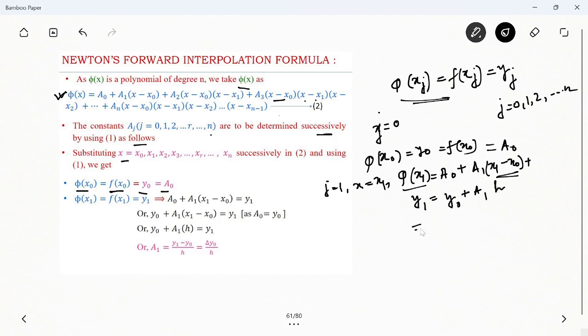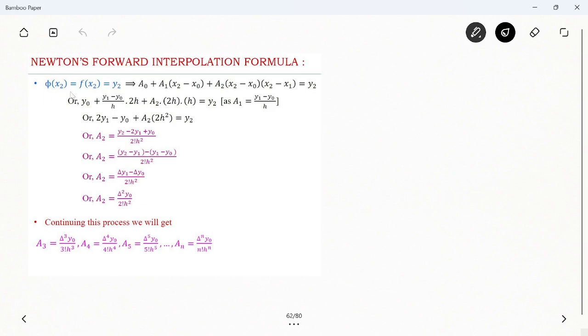So we can write y1 minus y0 equals a1 h. So a1 equals y1 minus y0 divided by h, that means delta y0 by h. That is our a1.